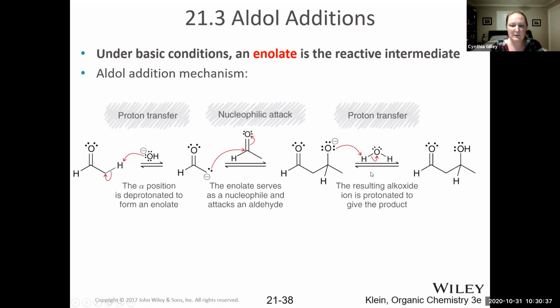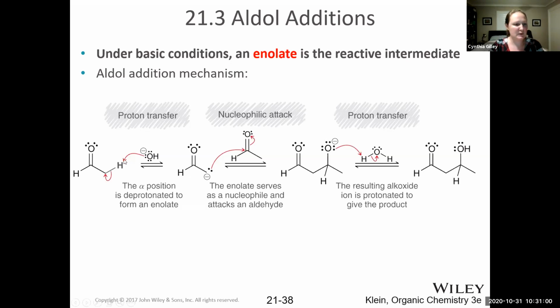Notice the equilibrium arrows that are being used in the mechanism. All of these steps are reversible, and it's very possible to go back from the product to the reactants in this reaction. So it's a reaction that needs to be controlled through an equilibrium process.